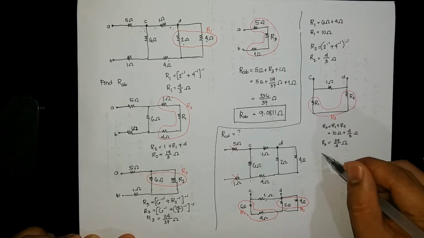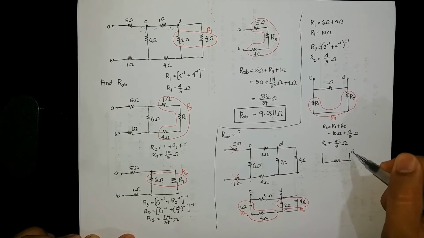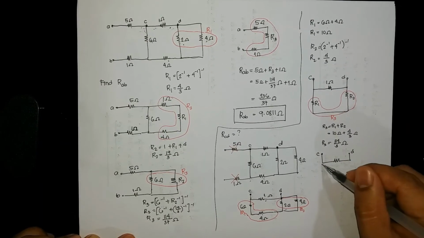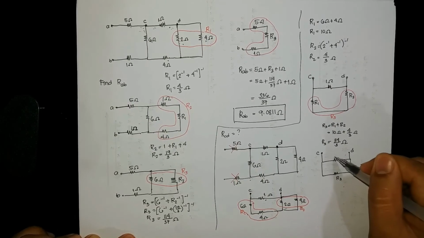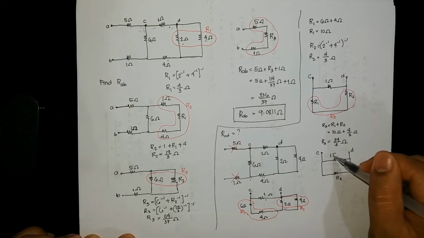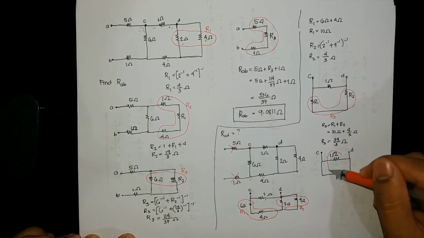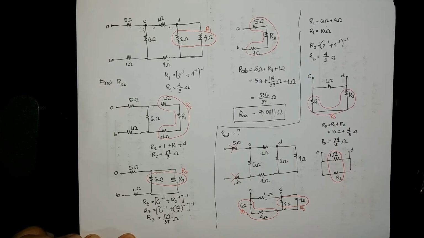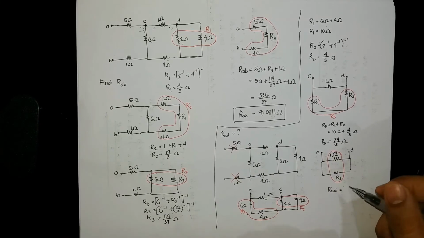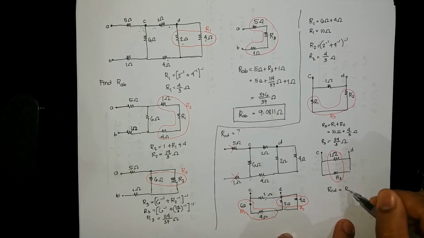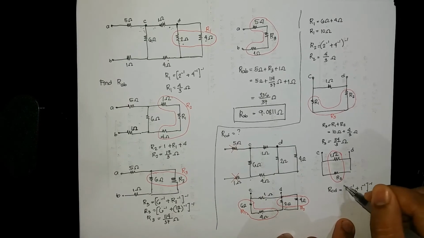Then simplify your circuit. Your terminal D, your terminal C, your R3, and your 1 ohm. This is now connected in parallel. So, to solve for the total or the resistance at CD, this is actually the parallel combination of R3 and 1 ohm. So, you have R3 inverse plus 1 inverse, inverse.